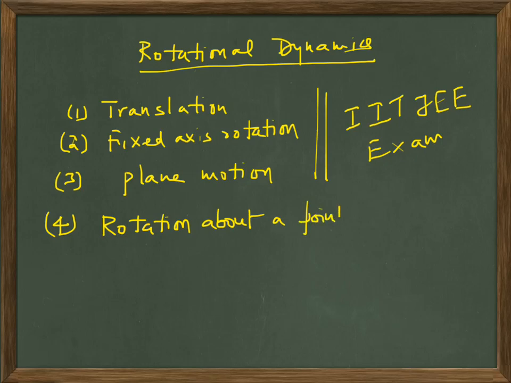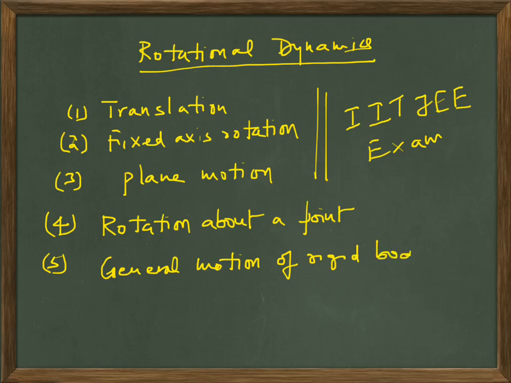Then we will also be discussing in the IITs, in the first year or maybe second year, what is called general motion of a rigid body. So this general motion means three-dimensional general motion.